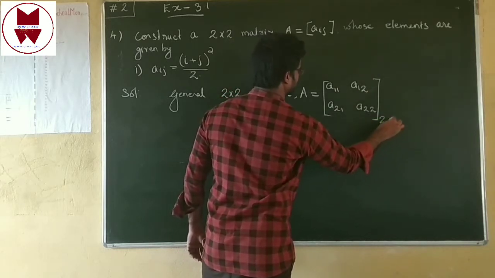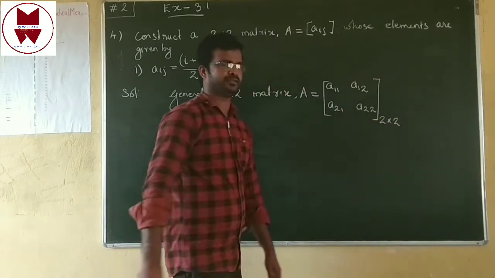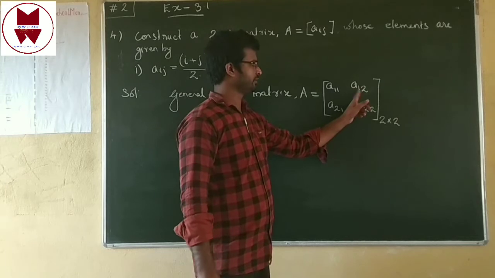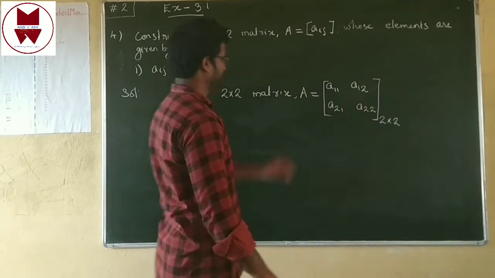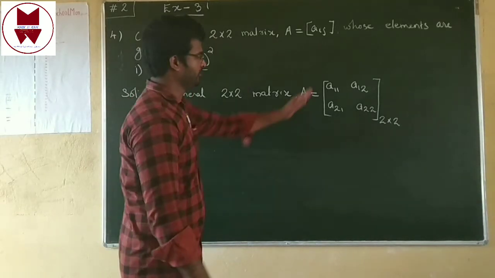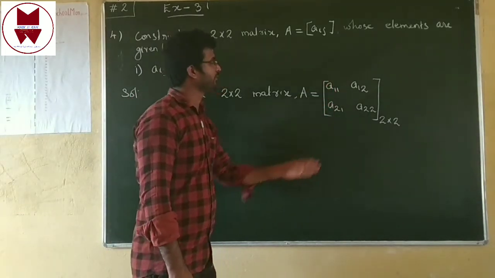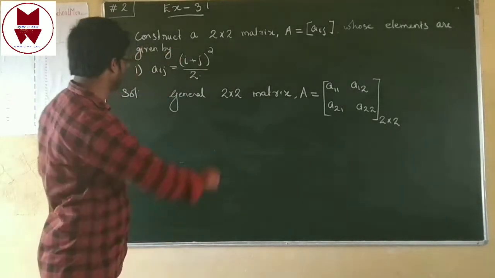This is a 2 by 2 matrix. Here there are 2 rows and 2 columns. Then this is the first term, second term, third term, fourth term. This is the general form of a 2 by 2 matrix. Then using these elements, we can find all the required elements.